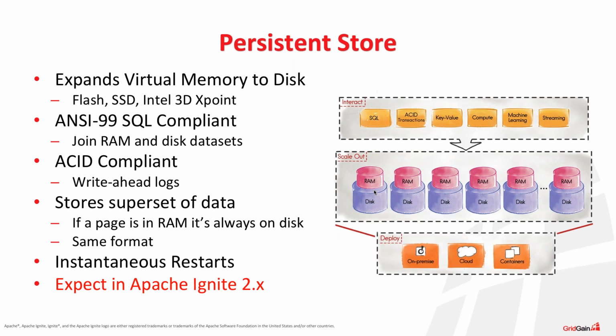Your applications can start interacting with your cluster once all the nodes are interconnected. Because the data will already be located on disk, all the indexes will be on disk, and you are good to go. You don't need to wait while all the data is preloaded in RAM. And again, this is to be released in the nearest Apache Ignite releases.